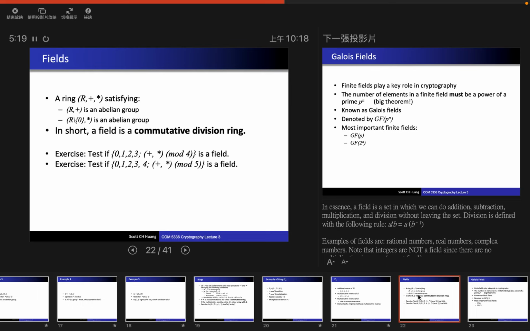So let's do that, and then we'll see whether it's a field or not. By the way, before we do that, we look at this 0, 1, 2, 3, and then the multiply operation. Obviously, addition alone forms an abelian group. This is okay. Also distributivity works just fine because it's a ring.